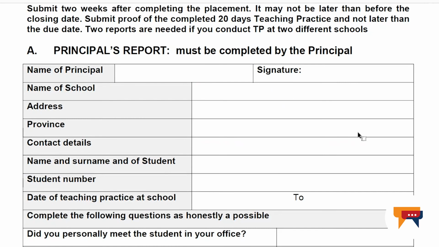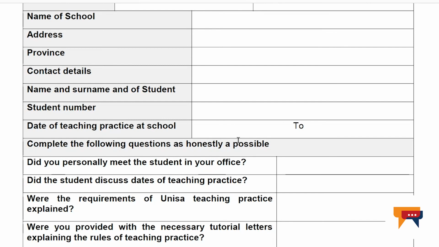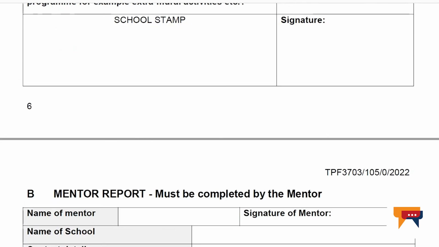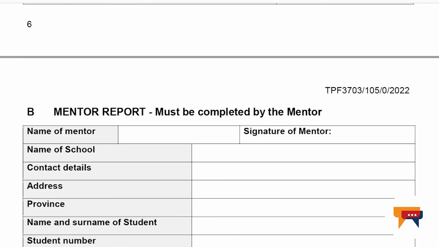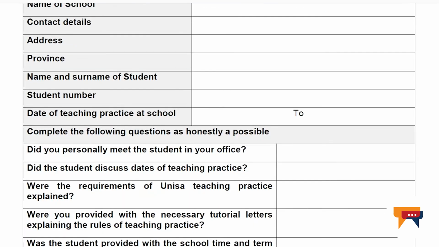Section A, if you have completed all the elements, I mean all the sections, then it's 25 marks. Any mistake you commit, we deduct 5%. The mentor report also comprises 25 marks.